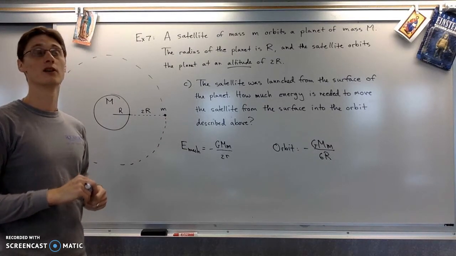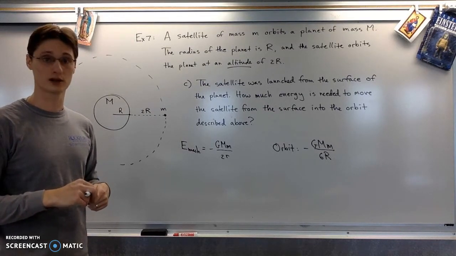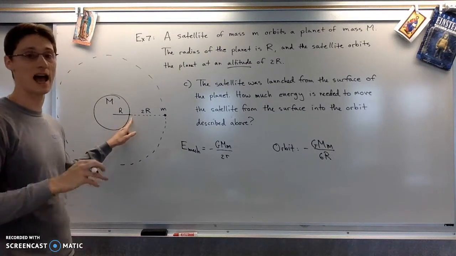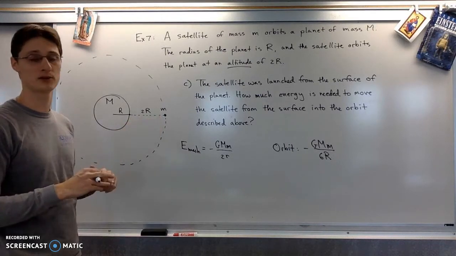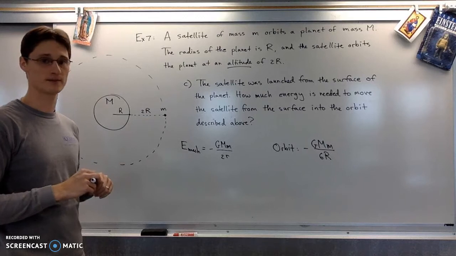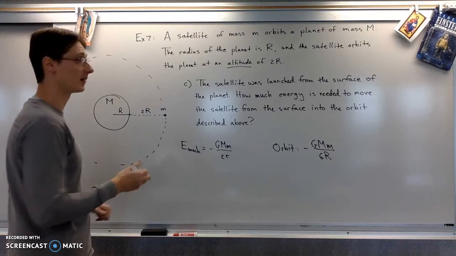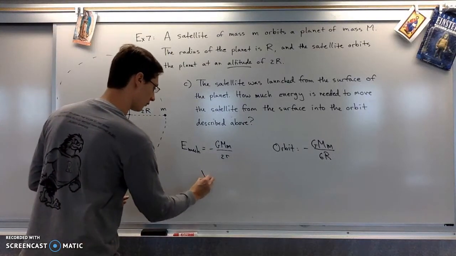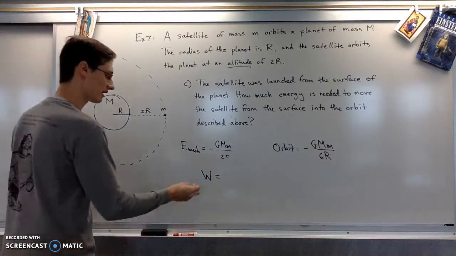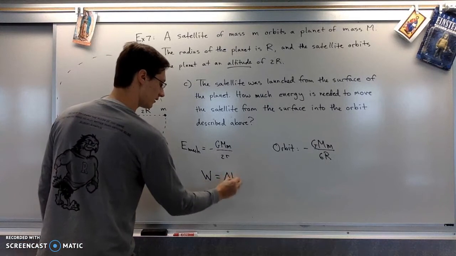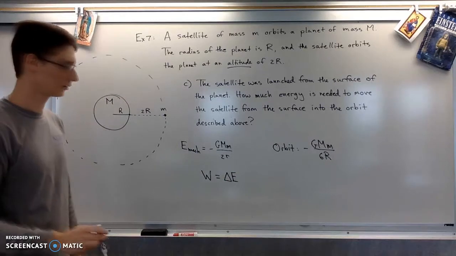In other words, the rocket engines you attach to the satellite did enough work to move it from being at rest at the surface to orbital velocity this high up above the planet. So let's work through what you would do here. Really, you're doing a work thing. You're saying the work done by the rocket engines equals the change in the mechanical energy of the rocket ship.